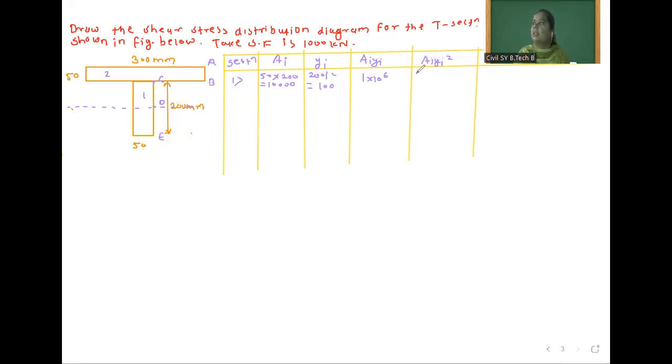A I Y I square is 100 into 10 to the power 6. And then I cell is 50 into 200 cube divided by 12, which is equal to 33.33 into 10 to the power 6. So calculations for section 1 are over. After that, we will calculate for section 2. Okay, so section 2, area for section 2 is how much?